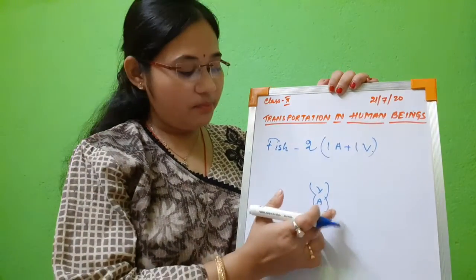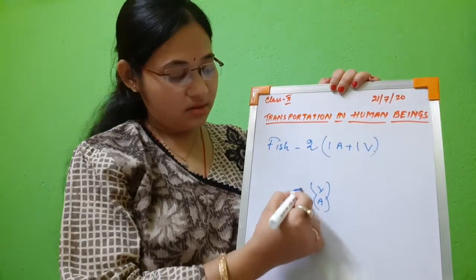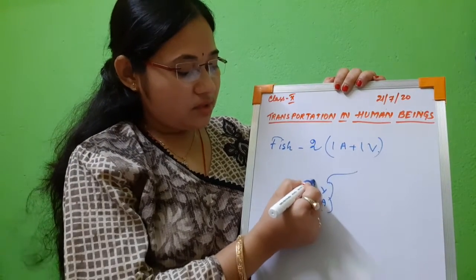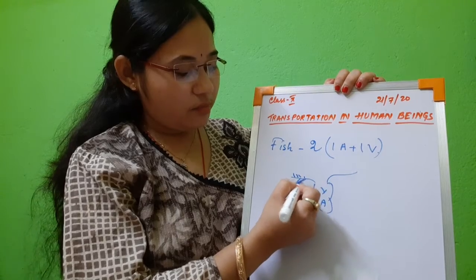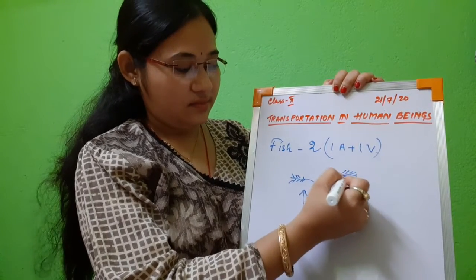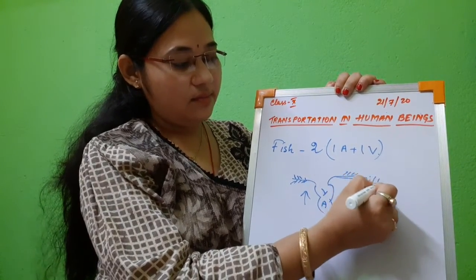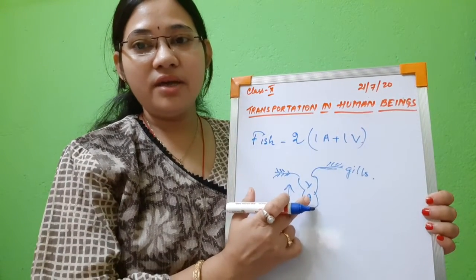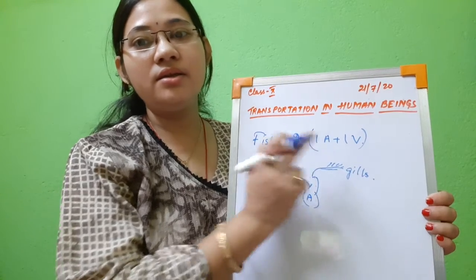The auricle pumps the blood to the ventricle in this direction, and the ventricle sends the blood to the gills for purification. These are the gills. In fish, they don't have lungs, they have gills. So the auricle supplies the blood to the ventricle, which sends it to the gills.